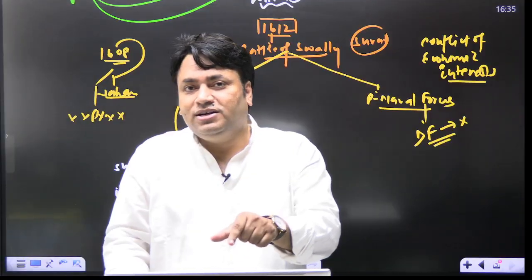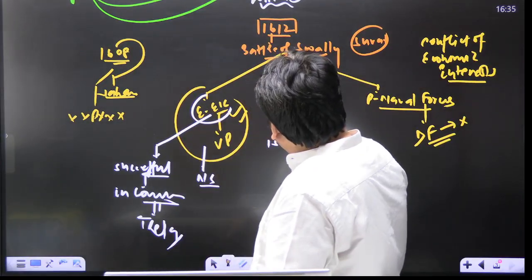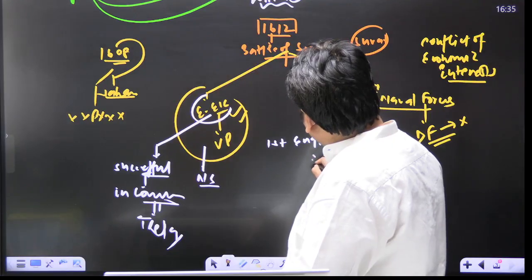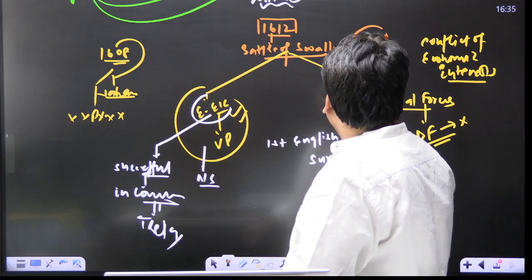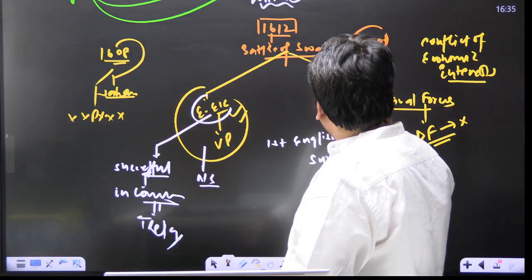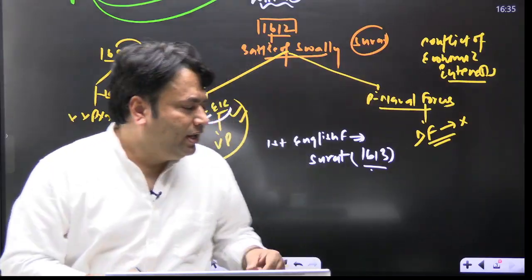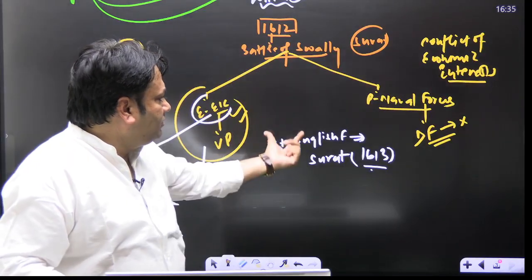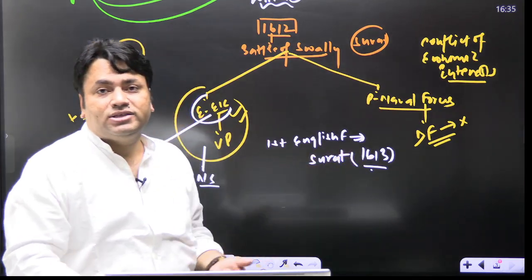And what was the result? The result was that the first English factory was set up at Surat, and the year was 1613. So near Surat, the first factory was set up in Surat, in the year 1613.